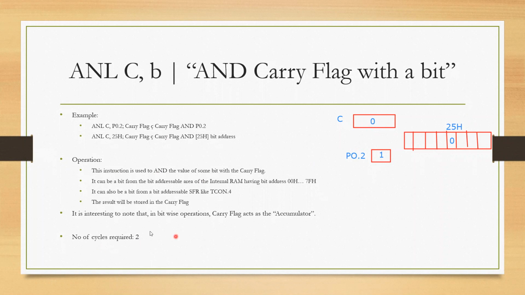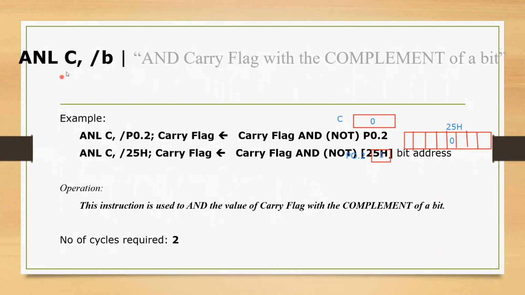The number of cycles required is 2. Note that in bitwise operations, the carry flag acts as the accumulator. So here ANL C, /bit: we are taking the complement of the value in the bit.